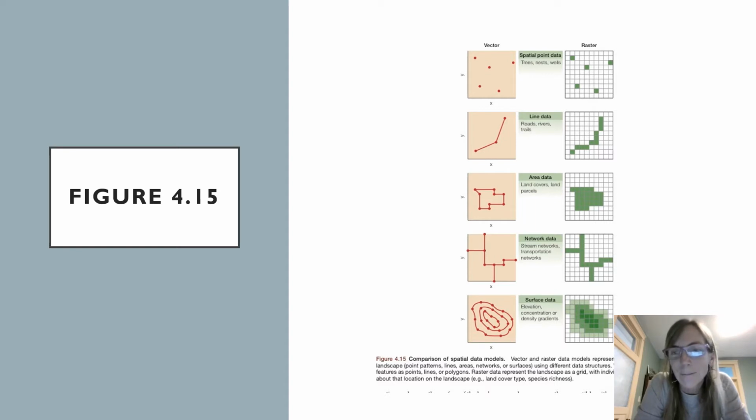It's the same data in vector format versus raster format, and it goes over some of the different types of data that we view in geographic information systems, such as point data, line data. Roads and rivers are a good example of line data. Area data, such as land cover data. Network data, and then surface data, such as elevation.